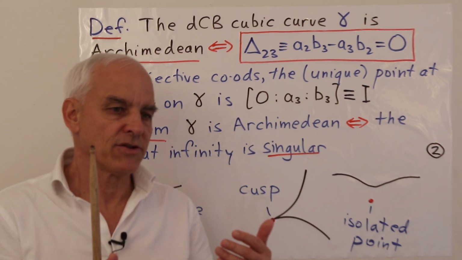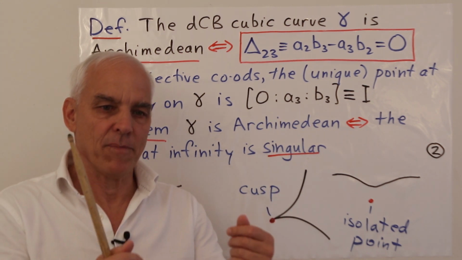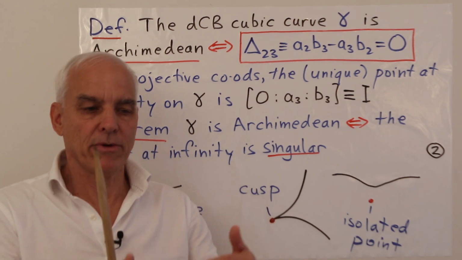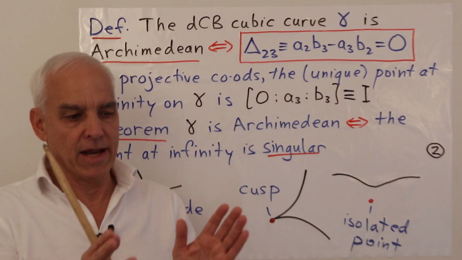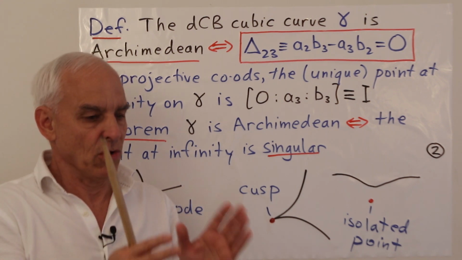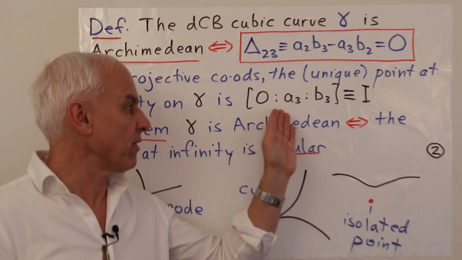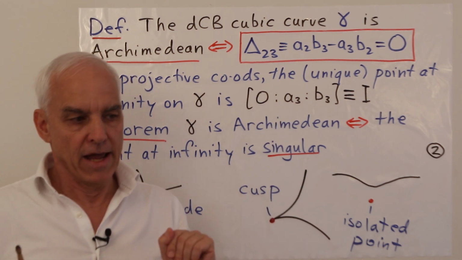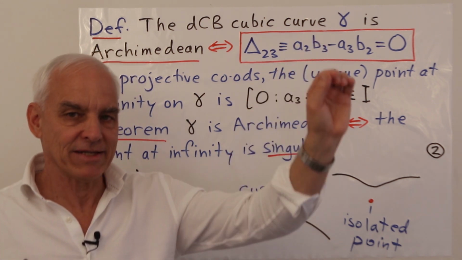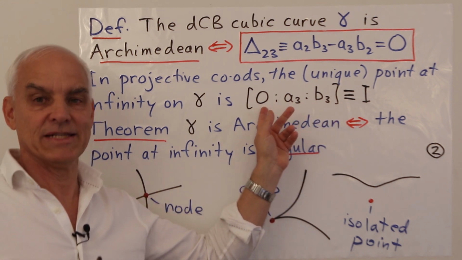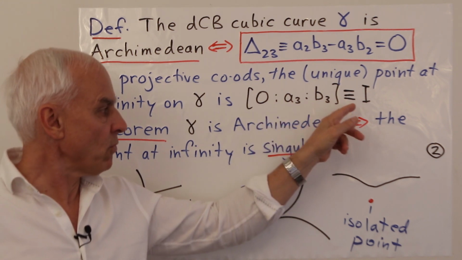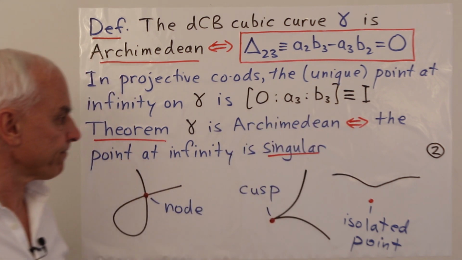You can think about that as what happens when the parameter, say alpha, gets large. When the parameter gets large, the alpha cubed terms dominate the other ones, and more or less the ratio of the entries is a3 to b3. So when you go to the limit in the projective sense, you get that pair together with 0 in the first coordinate. We'll call this point I.